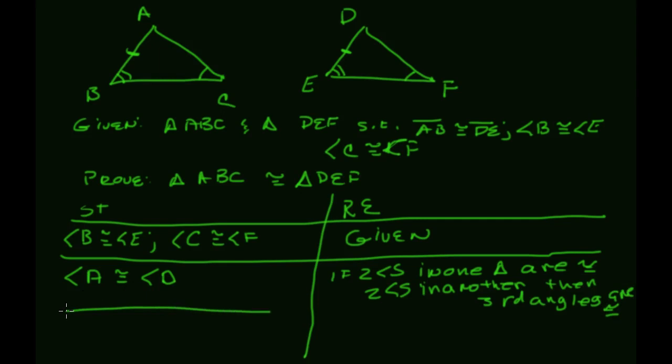Okay, that's a mouthful, but that's pretty much what it says. We got that earlier, that's a direct result of the angles in a triangle having to add up to 180. So we now know that A is congruent to D.